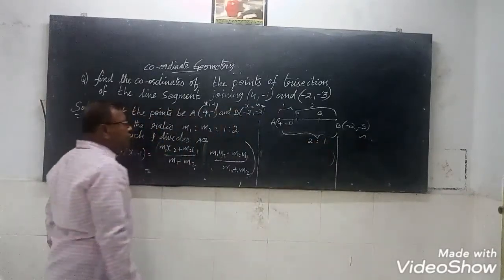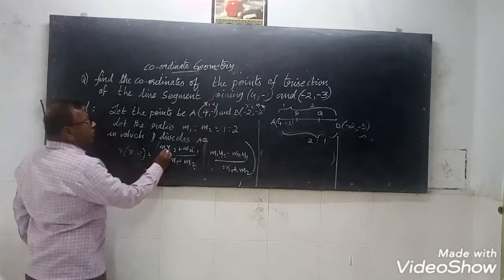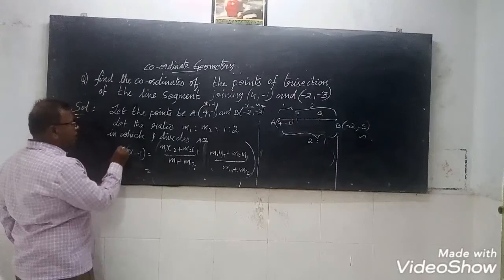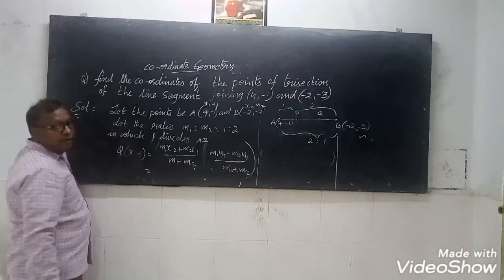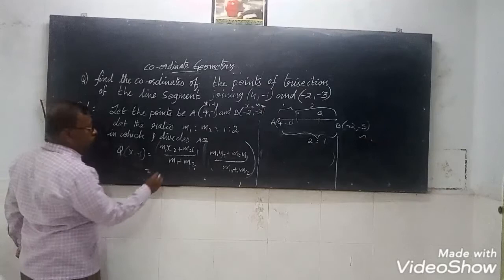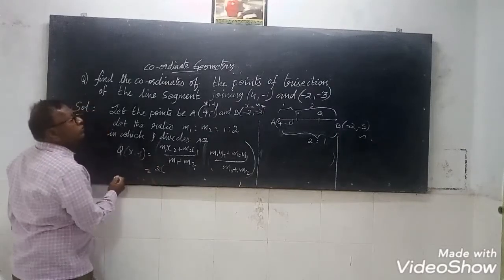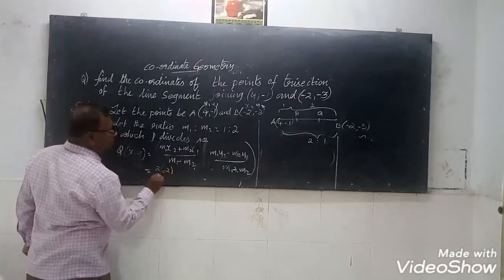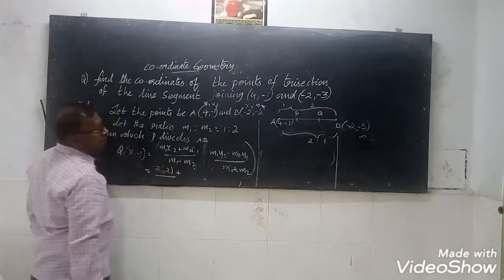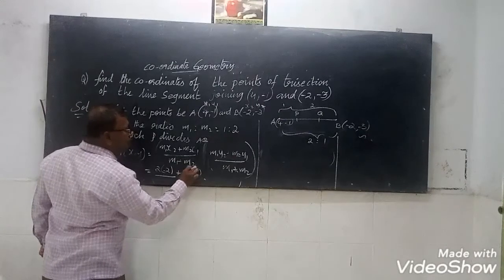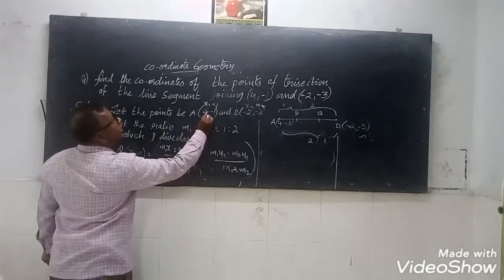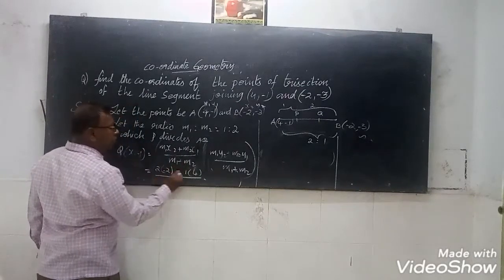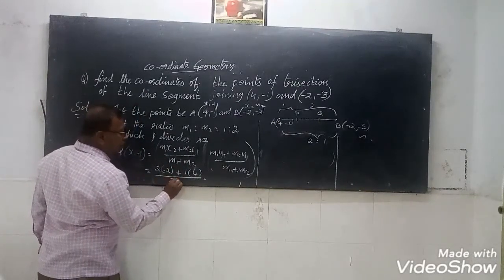Now, what is M1? M1 is 2 now. Here, instead of P, we are writing Q. So M1 is 2, 2 into x2, x2 is the same, it is minus 2, plus M2, M2 is 1, into x1, x1 is 4, divided by M1 plus M2, 2 plus 1.